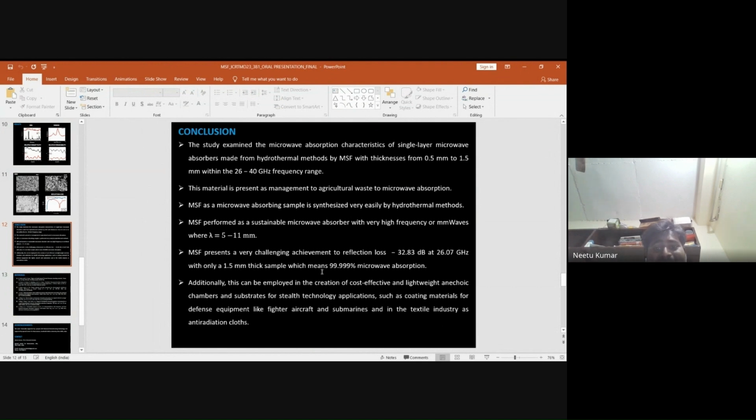This means 99.999% microwave absorption. Additionally, this can be employed in the creation of cost-effective and lightweight anechoic chambers and stealth technology applications, such as coating materials for defense equipment like fighter aircraft and submarines, and in the textile industry as anti-radiation cloths.